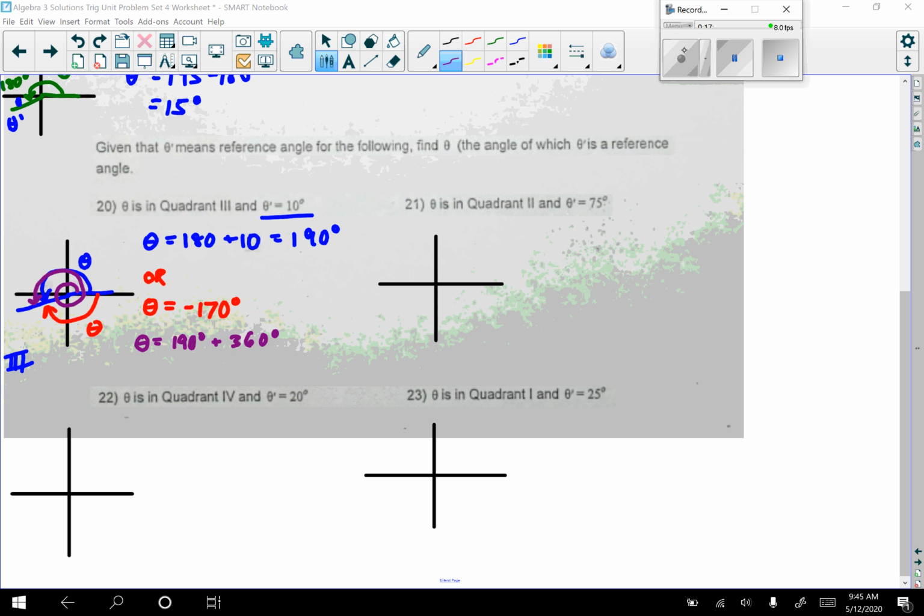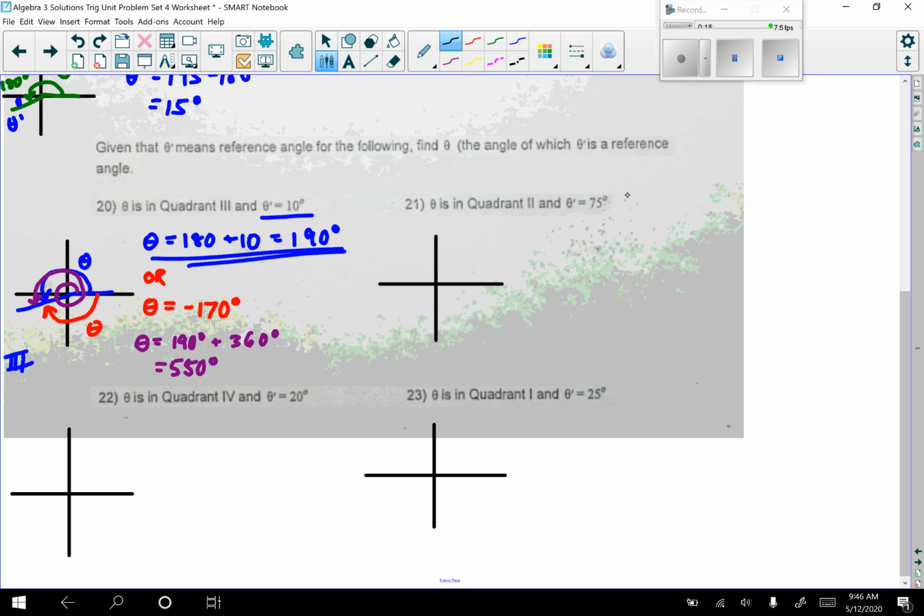Or we could go around 2 full circles or 3 full circles. It never ends. There's an infinite number of angle measurements that will still end us up with the same terminal side in quadrant 3. So we could say that this would be 550. But this first one is the simplest to get to. All right, so maybe just pause the video, try the next one.